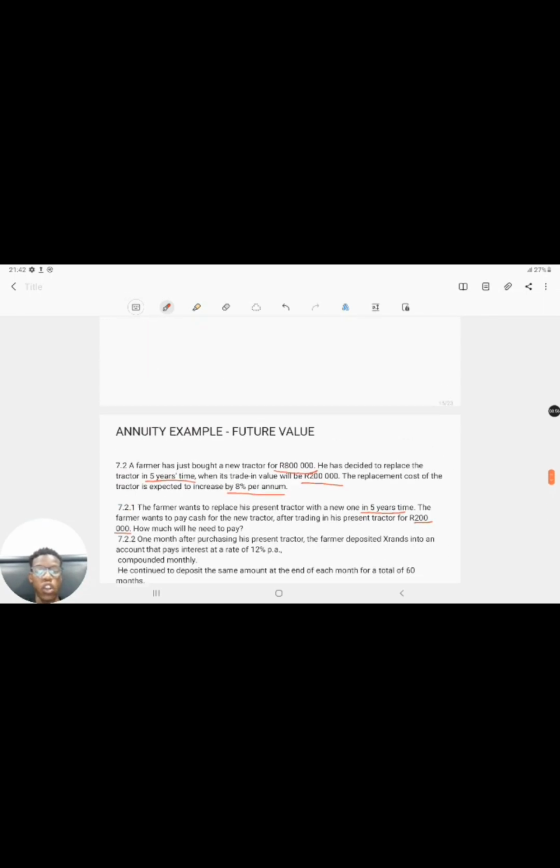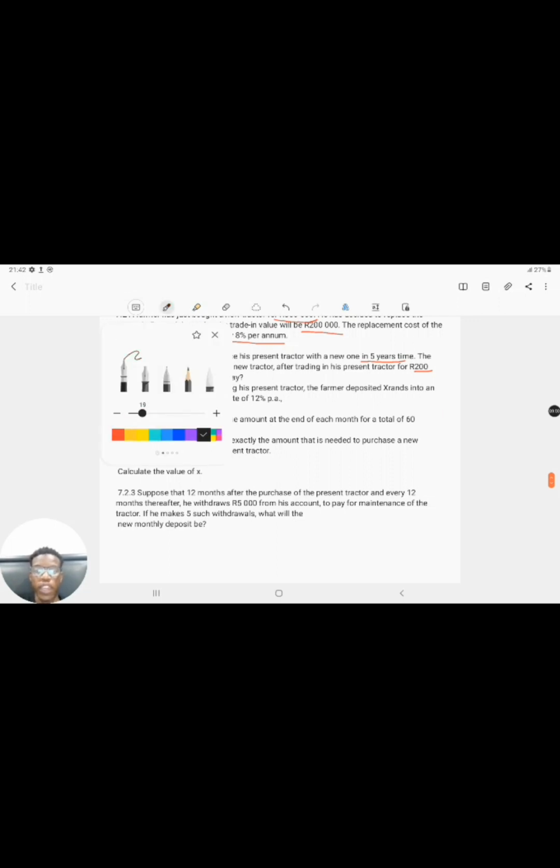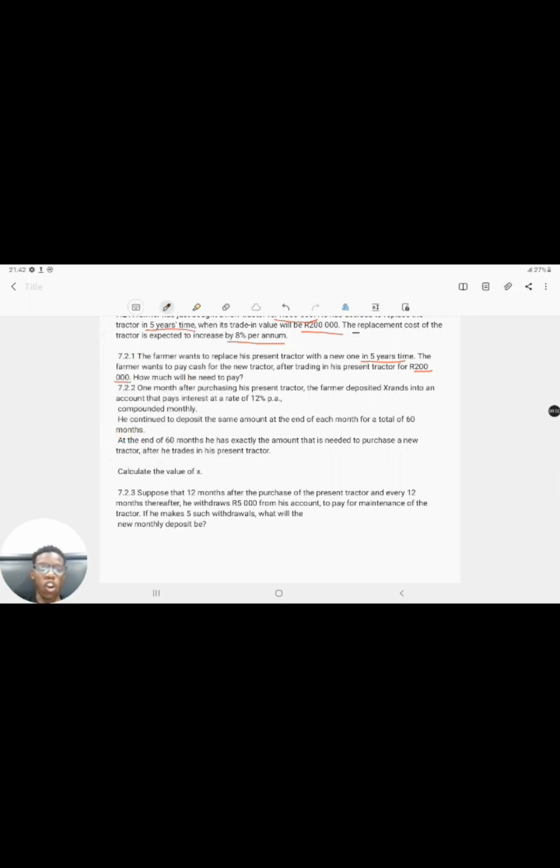Well, we've been given a clue in the question, right? This is where they mention replacement cost. They said to you the replacement cost of the tractor is expected to increase by 8% per annum.